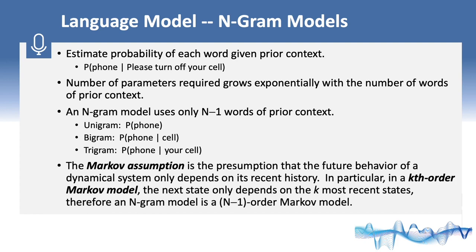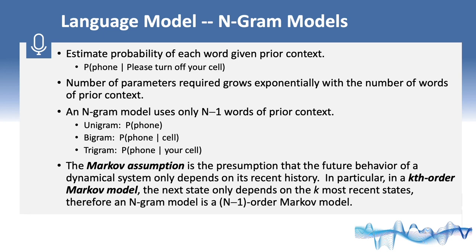The Markov assumption is the presumption that the future behavior of a dynamic system only depends on its recent history. In particular, in a k-order Markov model, the next state only depends on the k most recent states.